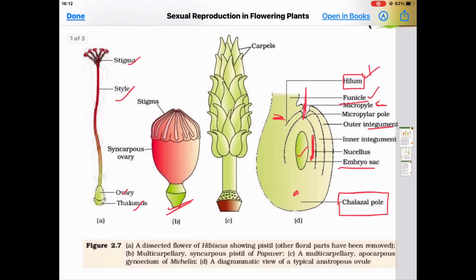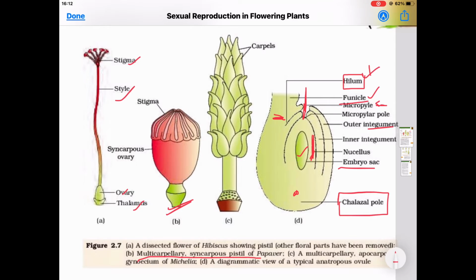So which type of ovary or pistil is present in papaver? Answer is multicarpellary syncarpous pistil is present. Important. From diagram question can be asked. Second part, in C diagram, which type of ovary or pistil is present in case of michelia? Answer is multicarpellary apocarpous gynoecium.